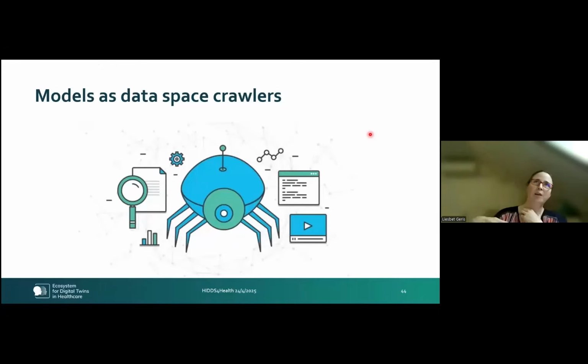Now, this space would be like a data space, and the models would be crawling across this data space, using metadata to always understand: is this data set useful? Can I act on this? Yes or no? So if you want to have a very high level understanding, this is how we see this. And you can go pretty far in this analogy, because you could say, well, every time a data set is added to the VHT infrastructure, the models that are there can wake up and see, is this data set useful for me, yes or no?